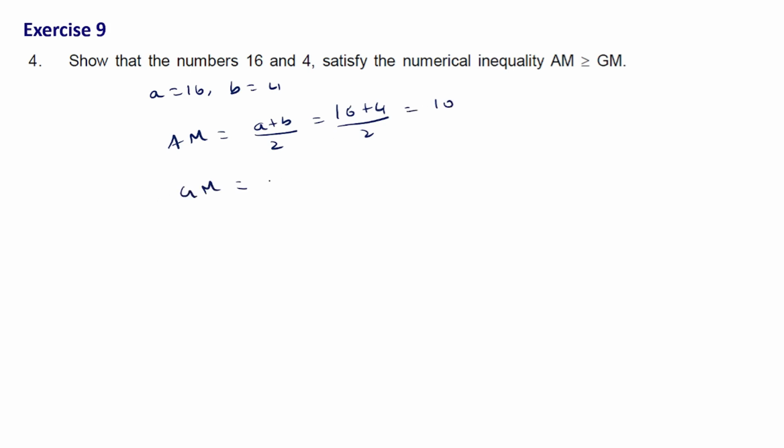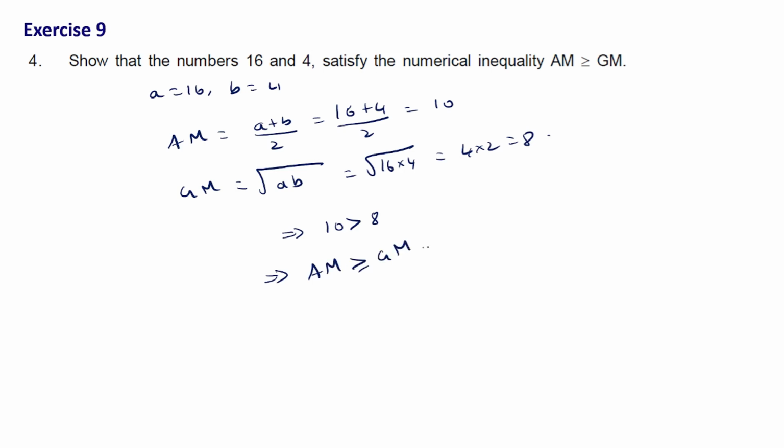And the geometric mean is square root of AB. It is square root of 16 into 4, which is 4 into 2, which is 8. So we get 10 greater than 8, or arithmetic mean greater than or equal to geometric mean.